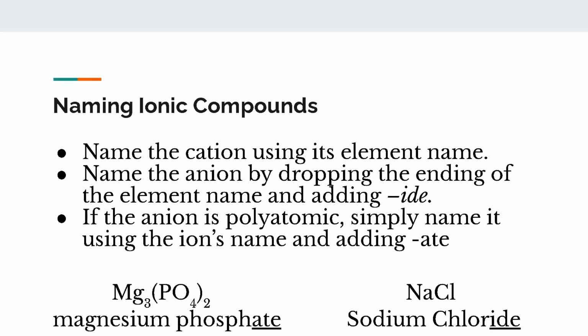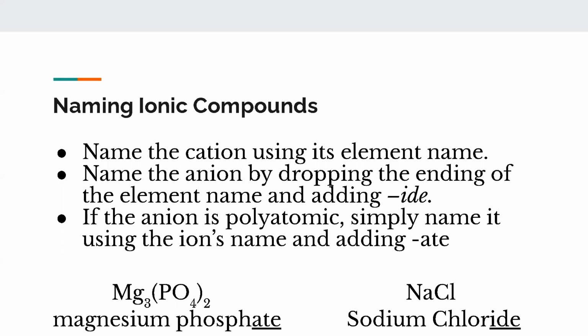Okay, so this is the interesting part where you can sound scientific. You can use this part to sound very smart to your friends. This is where we name ionic compounds. You always name the cation using its element name. The cation is the metal, the positive one.